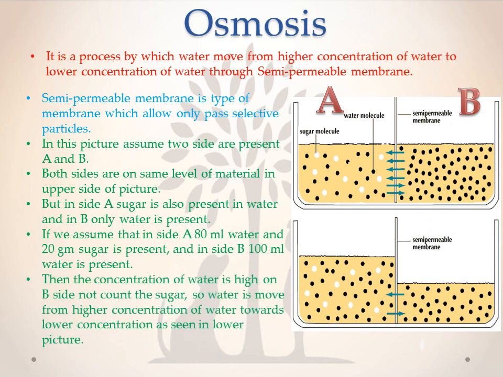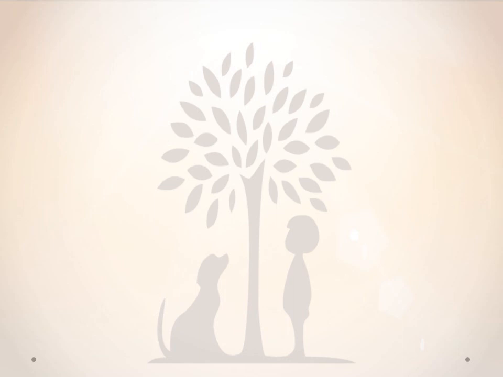Then the concentration of water is high on side B. We are not counting sugar actually. So water moves from the higher concentration of water towards the lower concentration of water, that is from B to side A, which is seen in the lower picture.